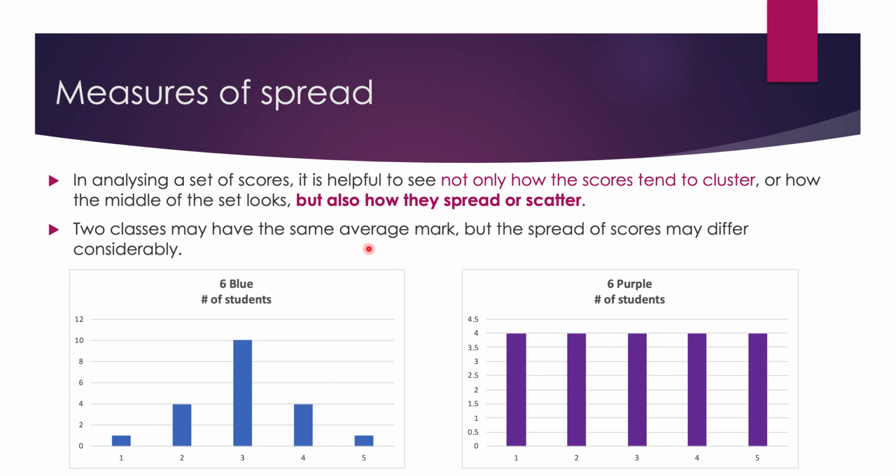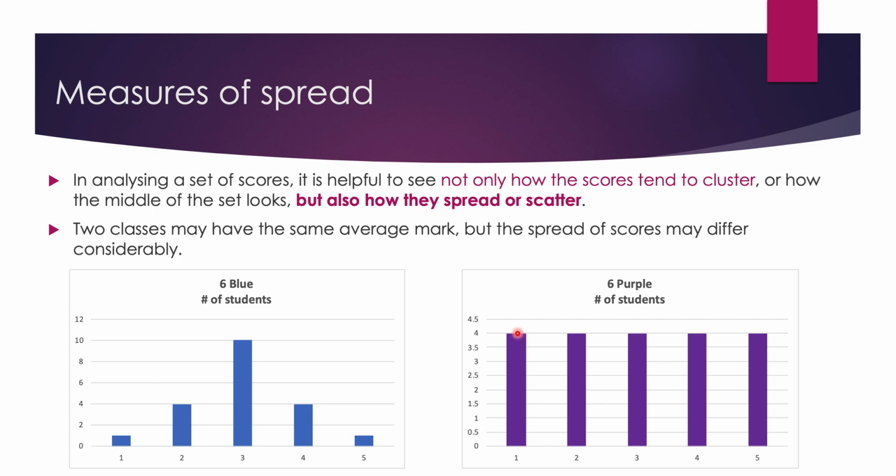Now, if we look into another class, 6 purple, the average is also 3, but the distribution is very different. I had the same number of students that got 1, 2, 3, 4, and 5. So there is no concentration of students on one mark that was most popular.